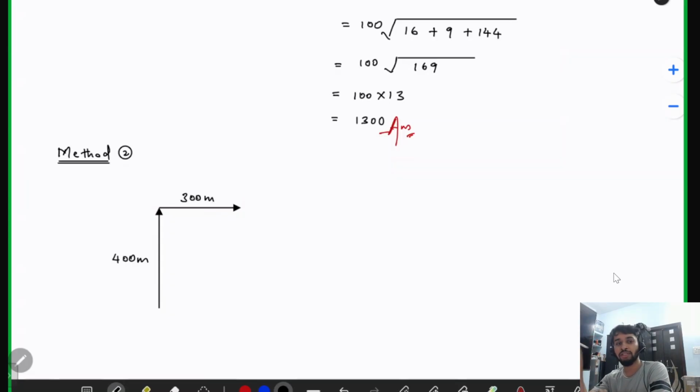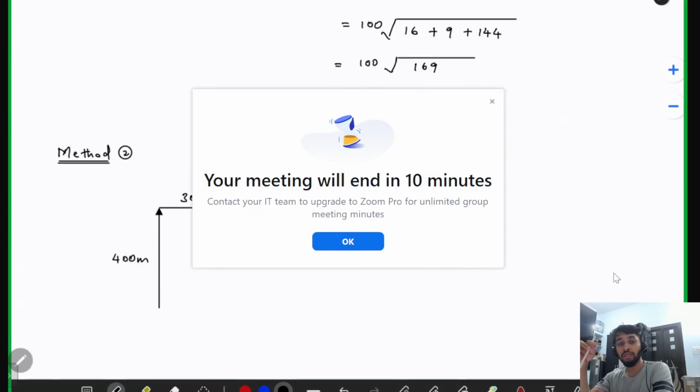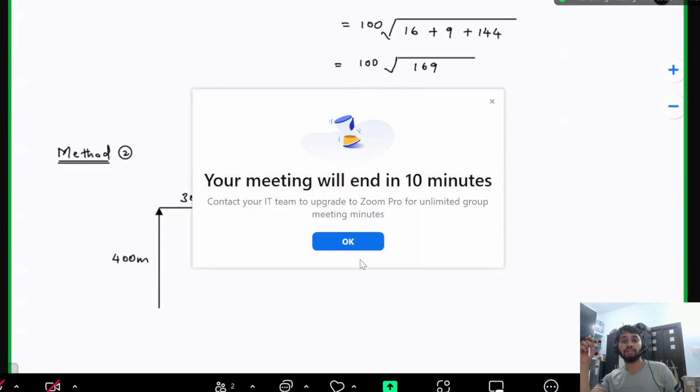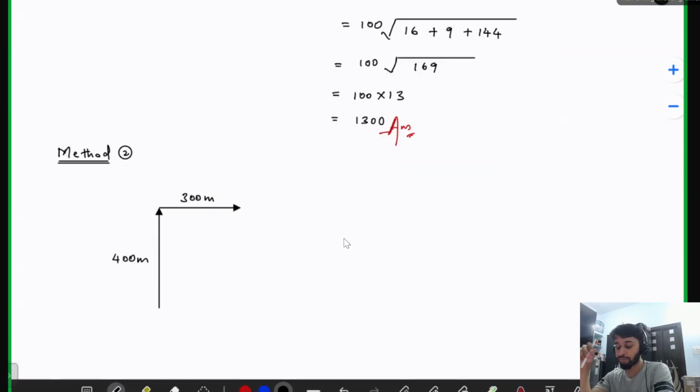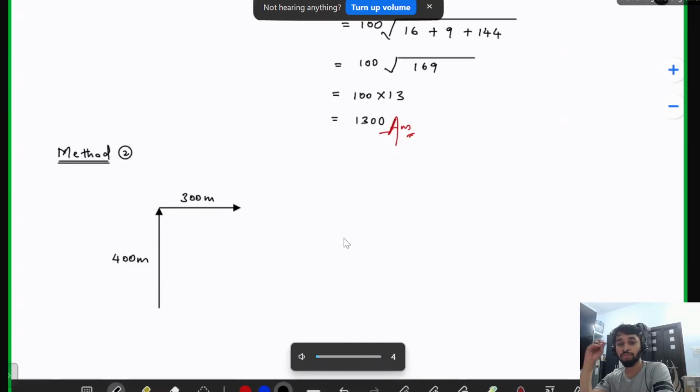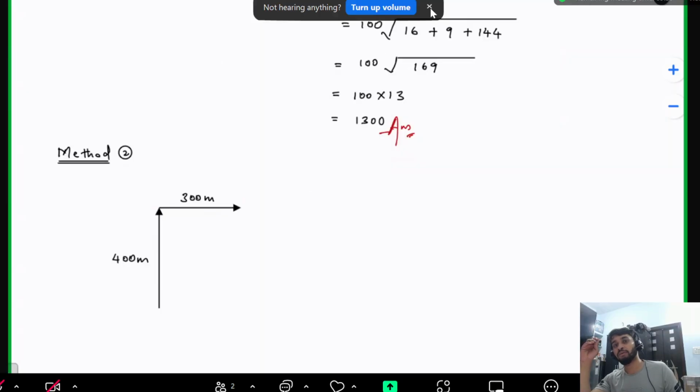So 300-meter is towards right. Now you need to understand that he is going 1200-meter up. 1200-meter up means out of the plane. That means it is going out of the plane direction. Now how to handle that part, the out of the plane situation?